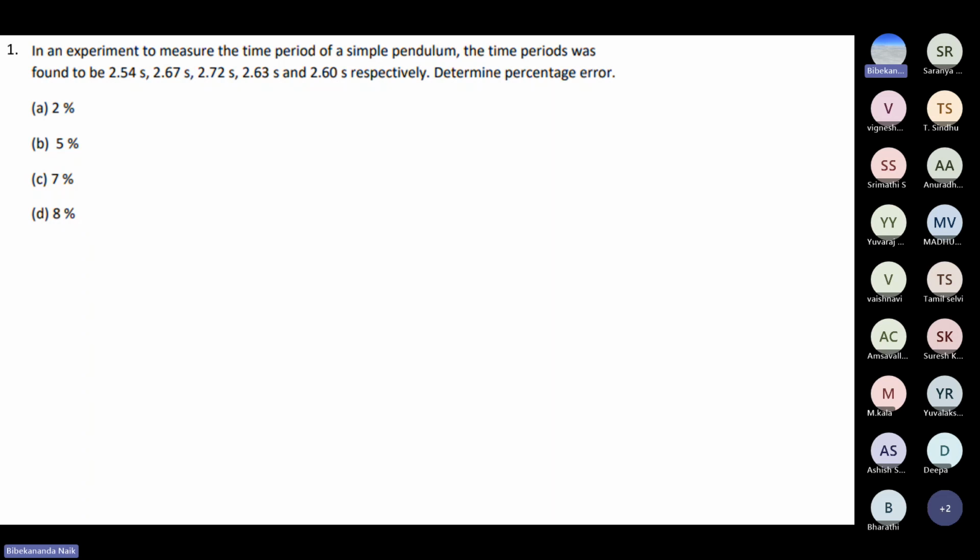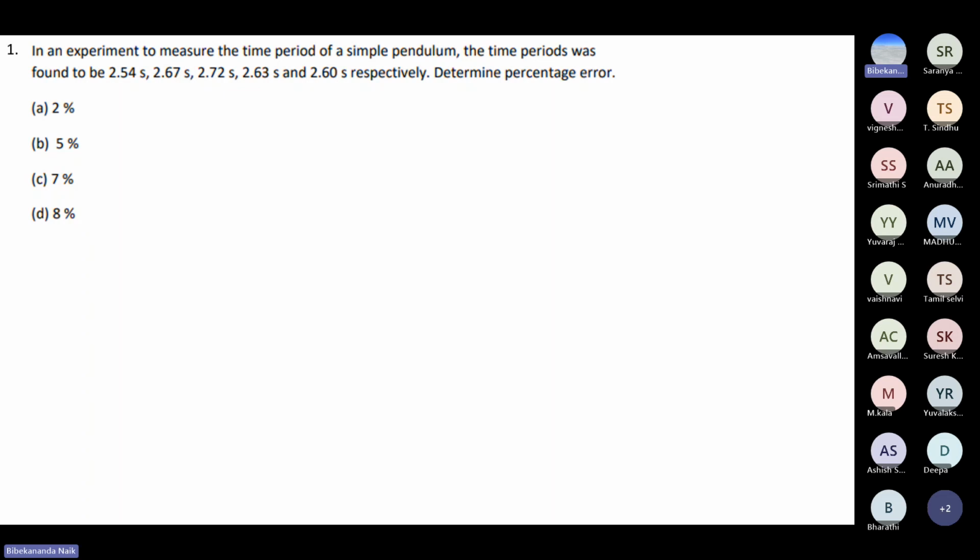So I hope you can relate with these problems. And since we are talking about errors or different types of errors for the past few minutes, we will be trying to solve these questions. The question is, in an experiment to measure the time period of a simple pendulum, the time period was found to be 2.54 second, 2.67 second, 2.72 second, 2.63 second, and 2.60 seconds respectively.